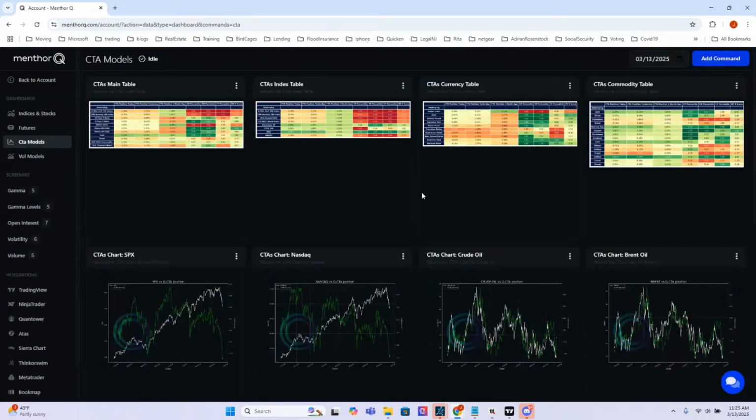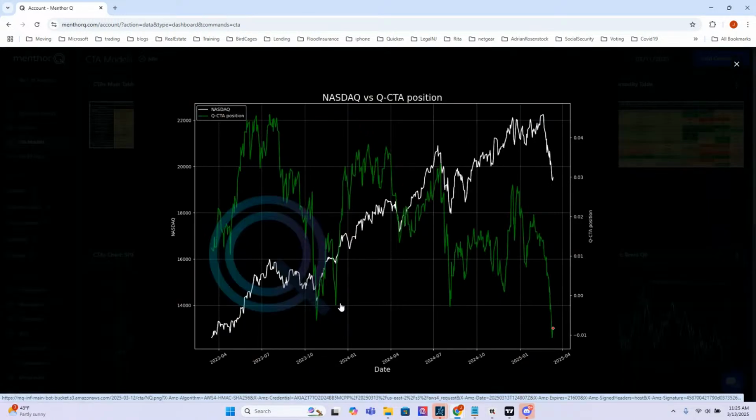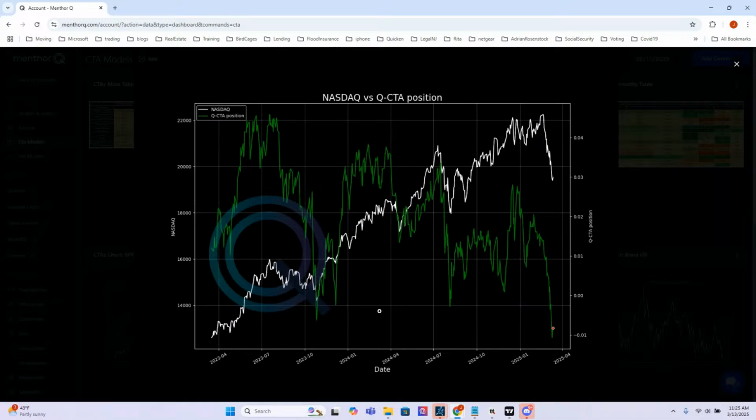You can see very similar action with the NASDAQ as well. Here is that same point that I described with the S&P, and then it made a low, and then it moved higher. Again, same thing here. It's even lower than this.